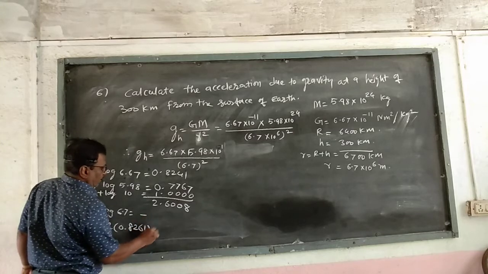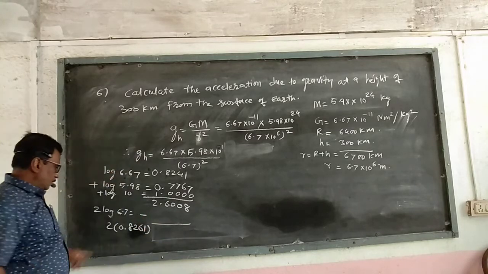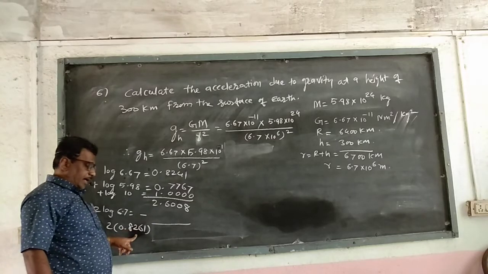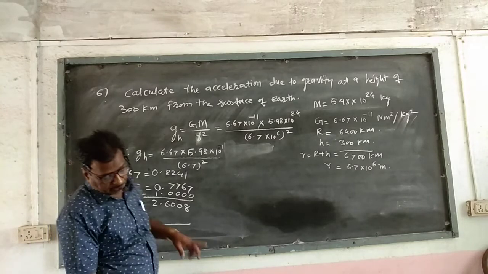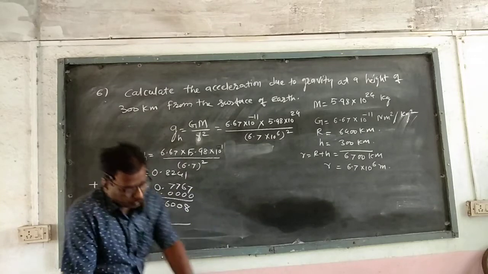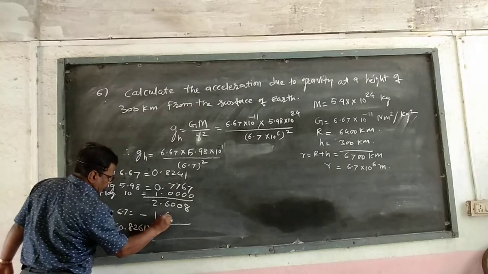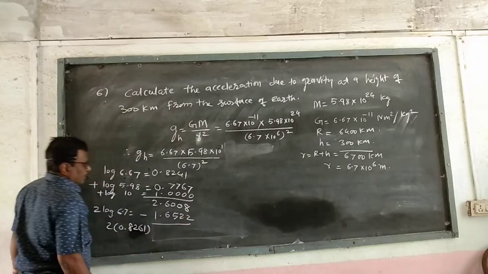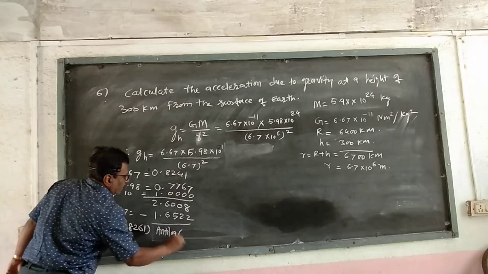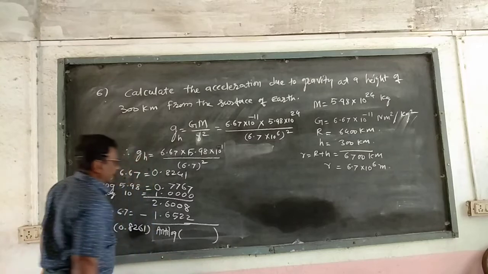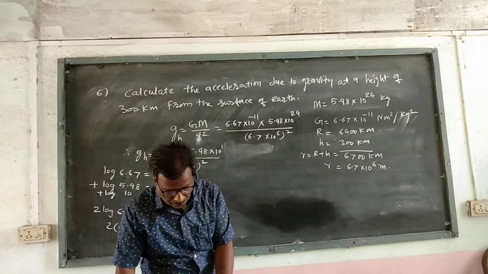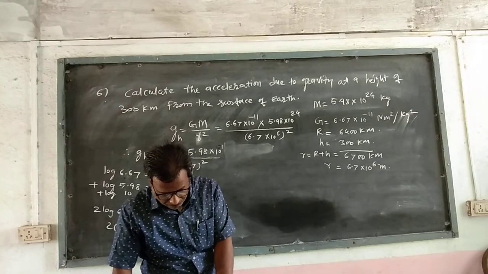And twice log of 6.7 is equal to 1.6522. Now subtract this and find antilog. So the antilog of that subtraction, 0.9486.